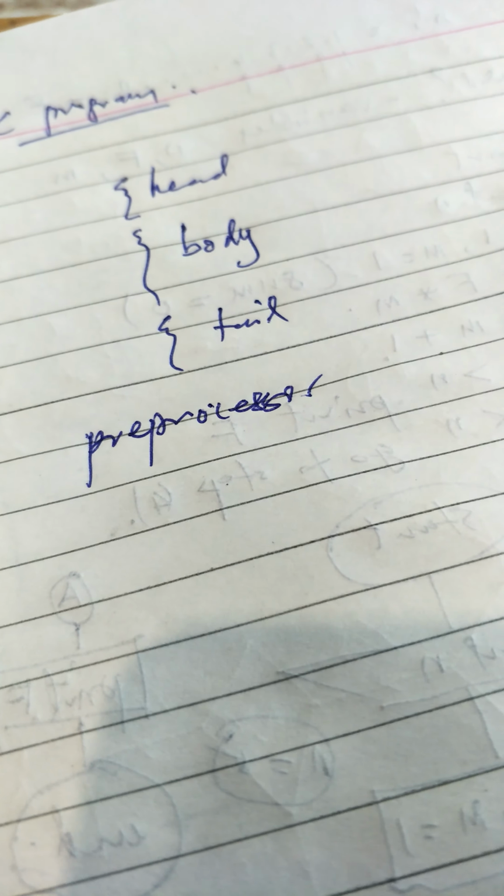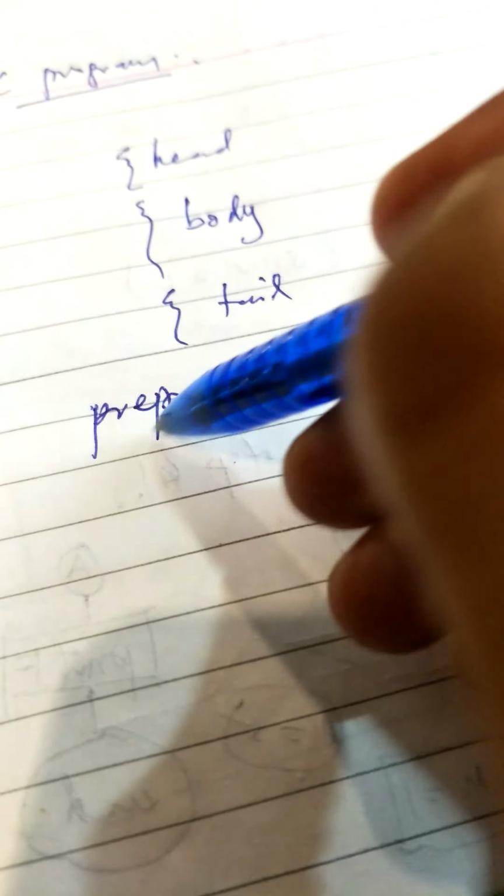Now in the program we need what we call a preprocessor directive. We need a global statement or global variable, global declaration.